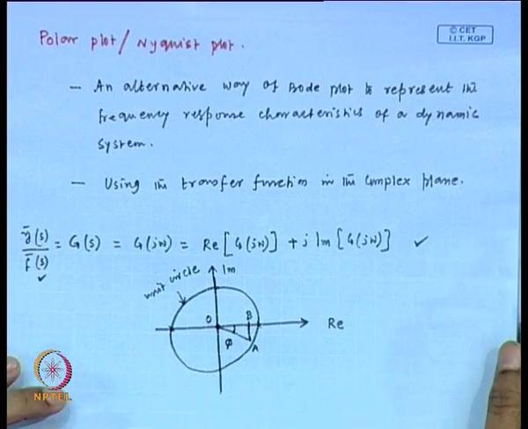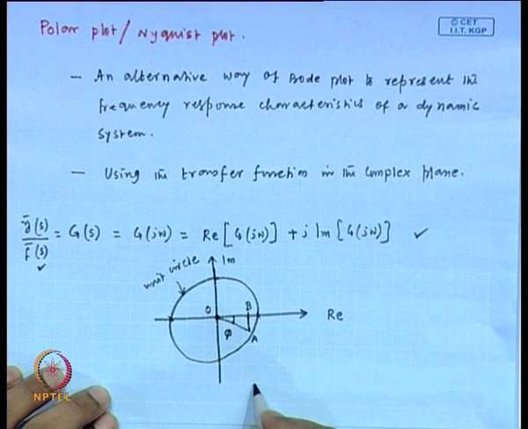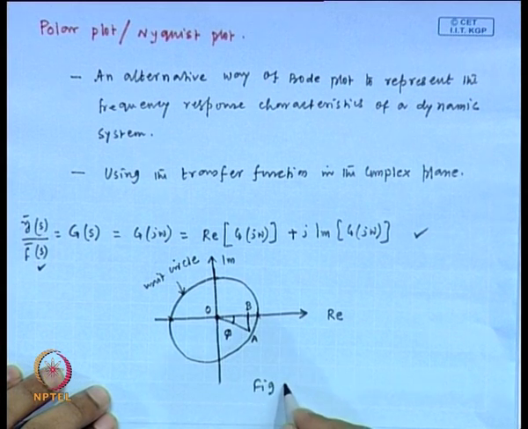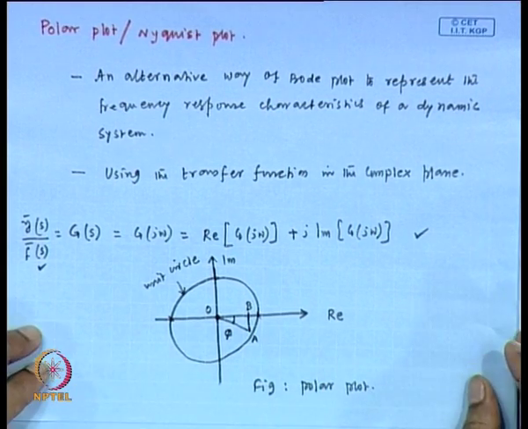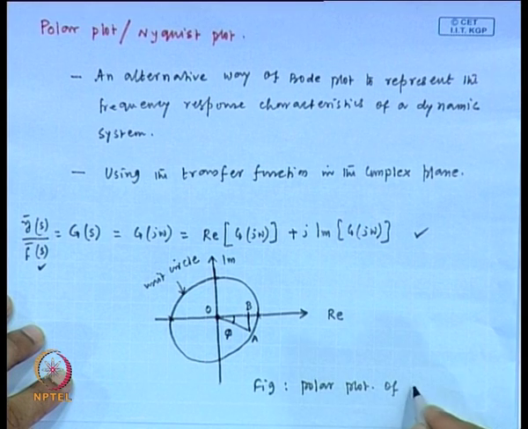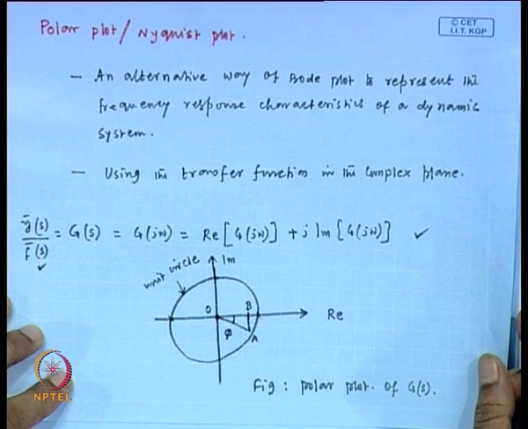So, this is the polar plot of the transfer function G(s).